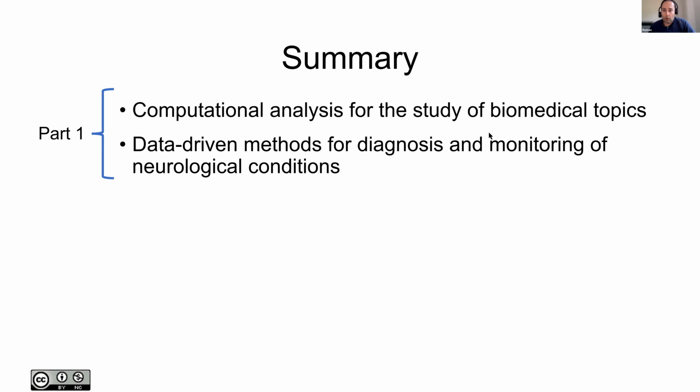So to conclude, I would like to highlight that computational analysis and modeling is becoming more and more important in biomedical applications, and that there are certain data-driven methods, like machine learning methods, that create statistical models that allow, for example, to diagnose certain pathological conditions such as Alzheimer's disease.